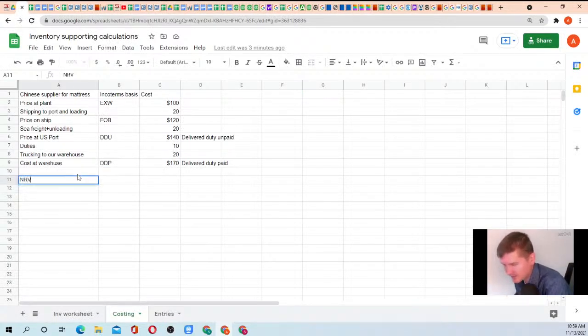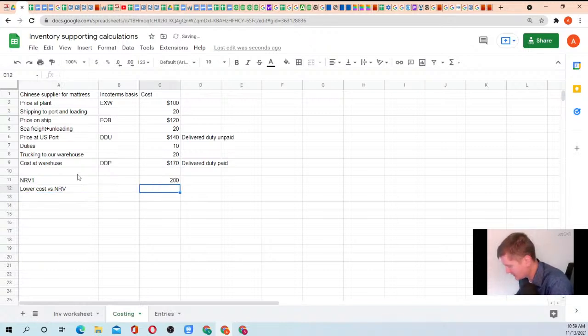Let's get back to the mattress example. Let's assume net realizable value is $200. Our standards say it should be the lower of cost versus NRV.